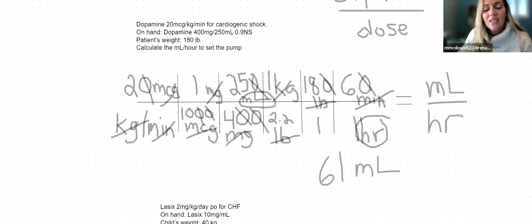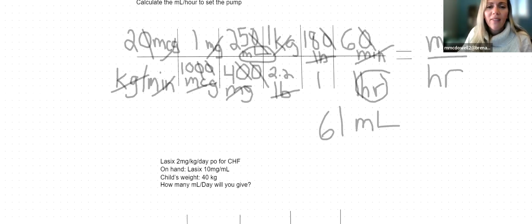And you get 61.36 milliliters per hour. Now, some pumps can accommodate, if you wanted to round that up, 61.4. For this problem, I'll just have you round it to the closest whole number, which would be 61 milliliters. With my students, I typically tell them what I want them to round to, but otherwise go by your agency's guidelines. All right, one last problem before we leave.